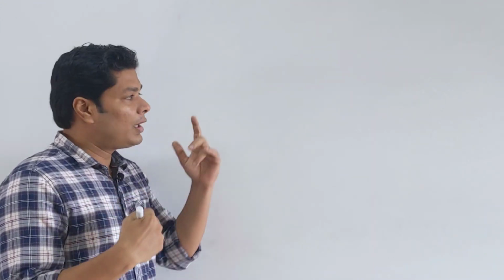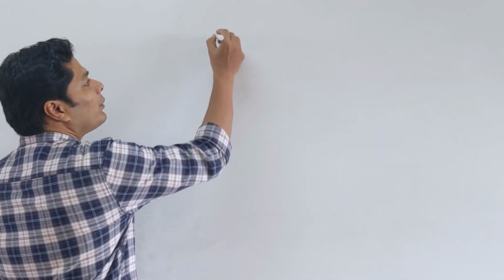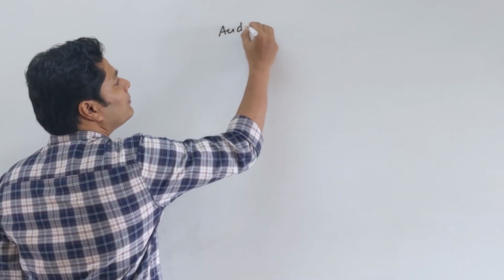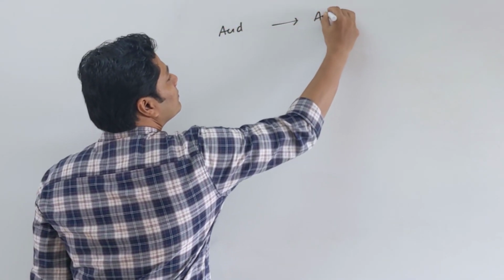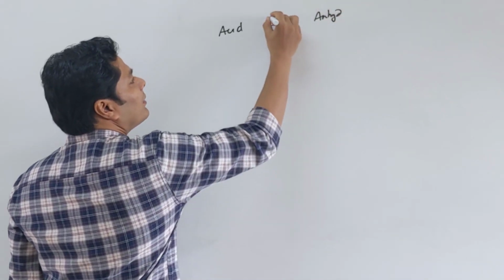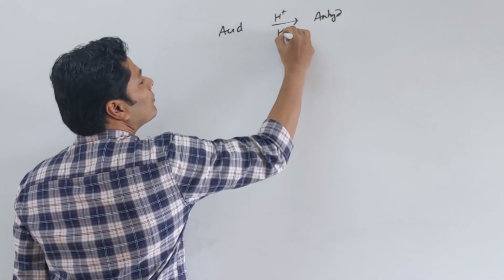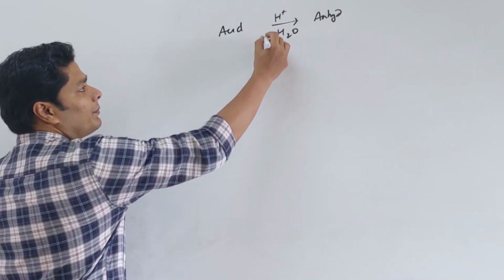We saw that we can get acid from acid chloride. Now I showed you how to convert acid to acid chloride. Similarly, we saw anhydrides can give you acid. Now we can go back from acid to anhydride. This is nothing but dehydration.